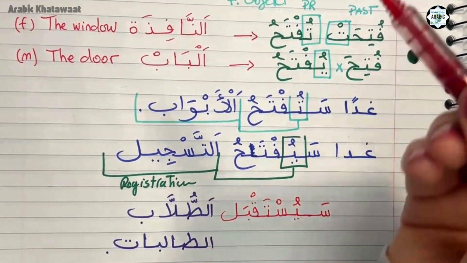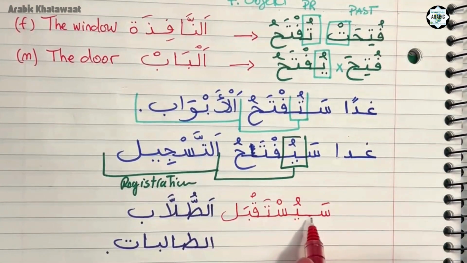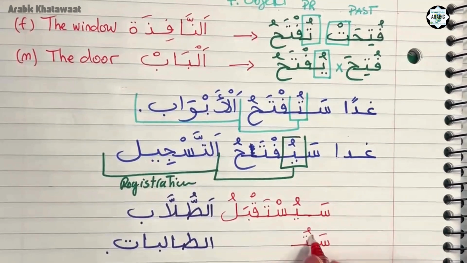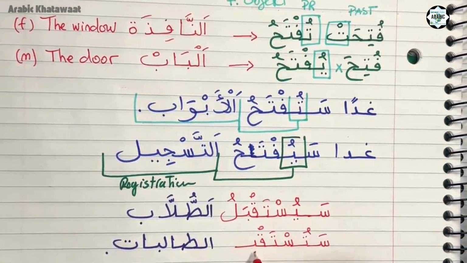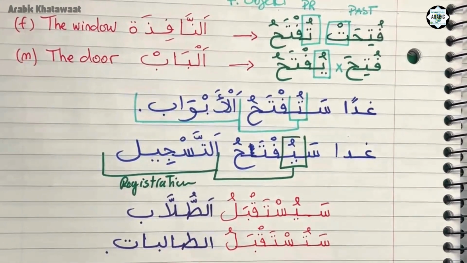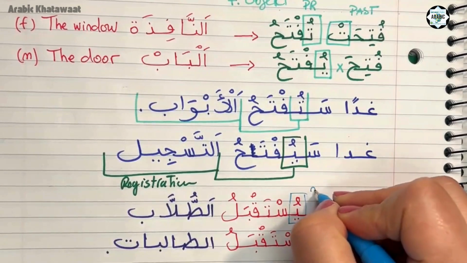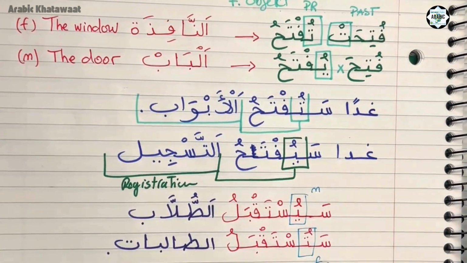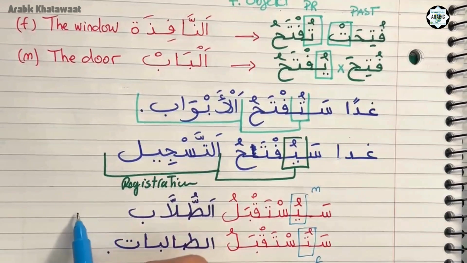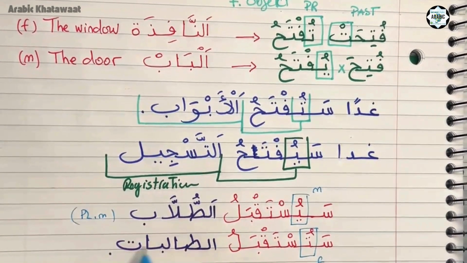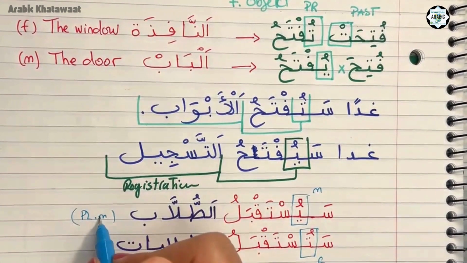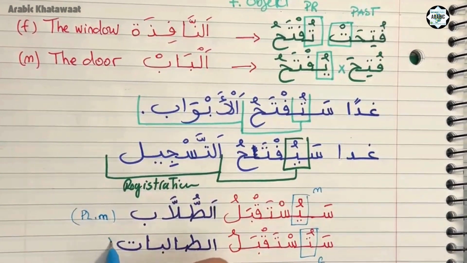When I say the present tense, I'm still referring to the passive form. سيستقبل الطلاب. Here I'm saying ستستقبل الطالبات. So do you see here the ya is masculine, the ta is feminine. The masculine form refers to the plural masculine, and it doesn't matter. It's just the masculine part that you have to pay attention to, not the plural part.